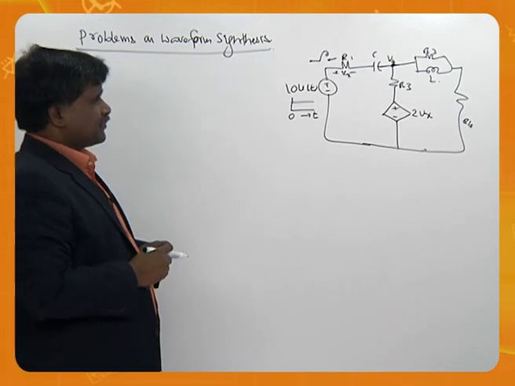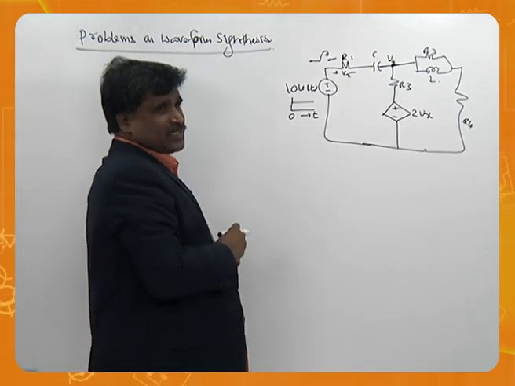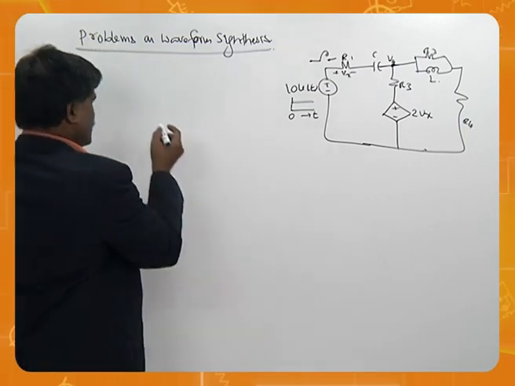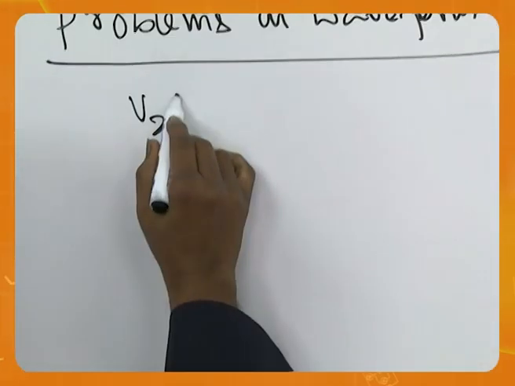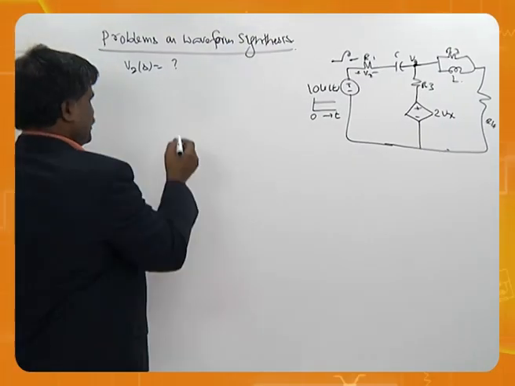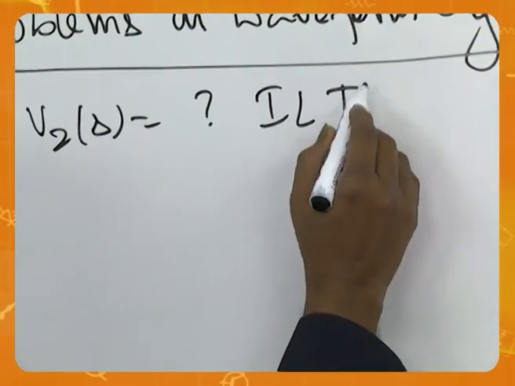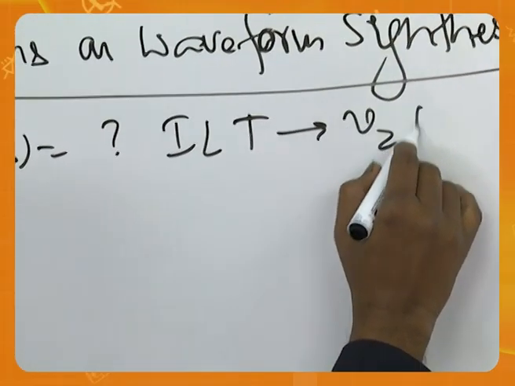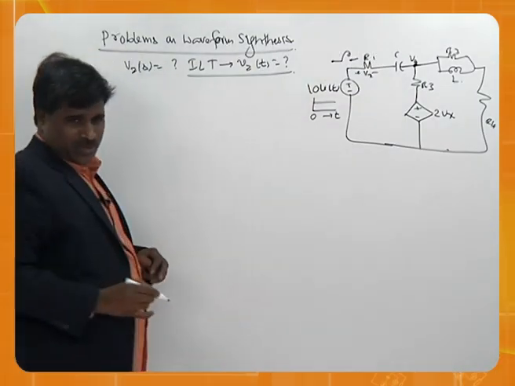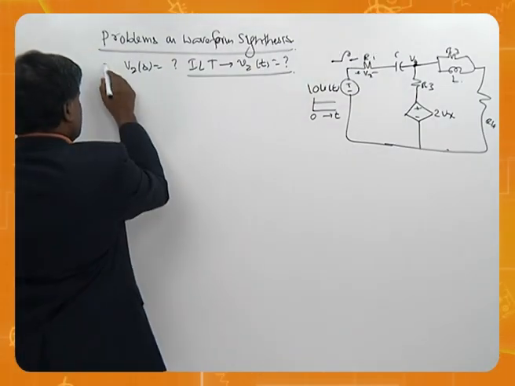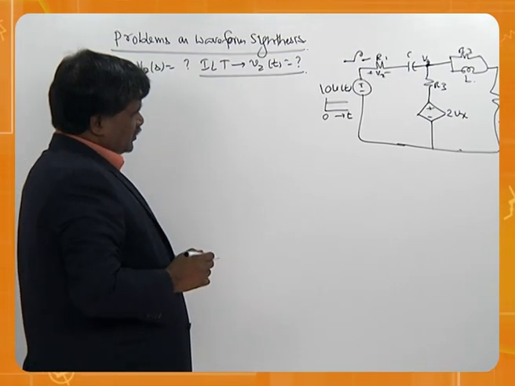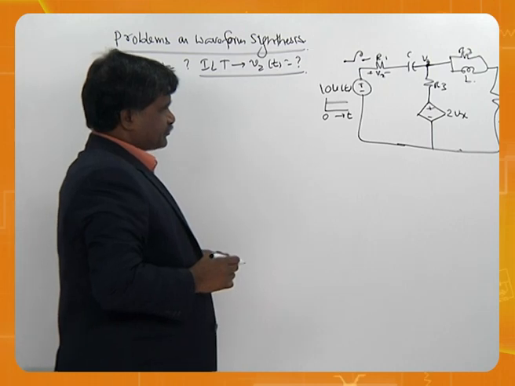The second aspect is, for objective questions, he cannot ask V2 of t. So better we calculate V2 of s and leave it there, because if you take the inverse Laplace, you will get V2 of t. That's what I am going to do now. So this is our third problem. Understand? Now let's go one by one.